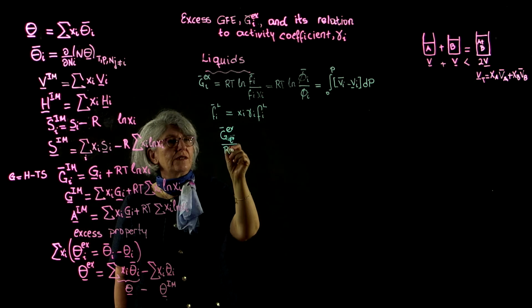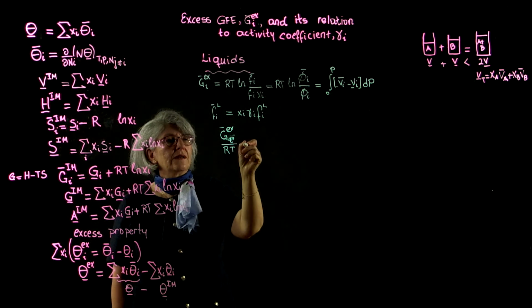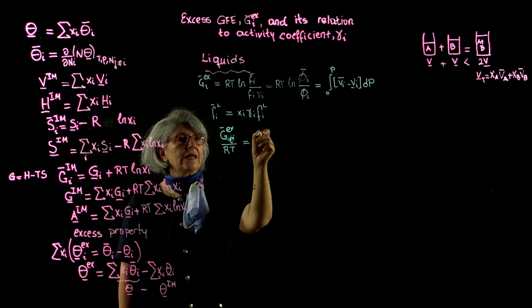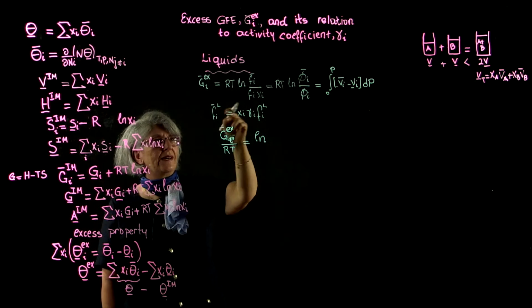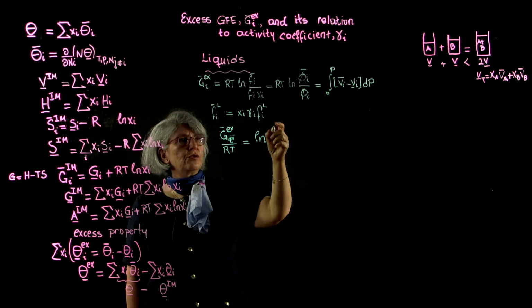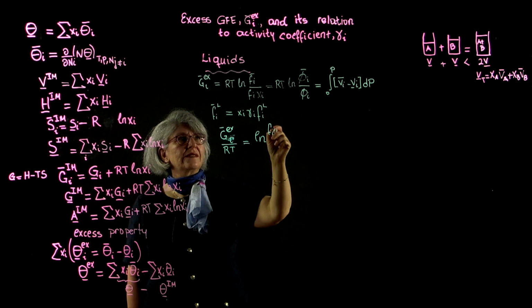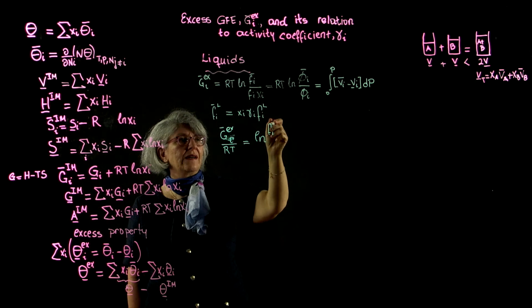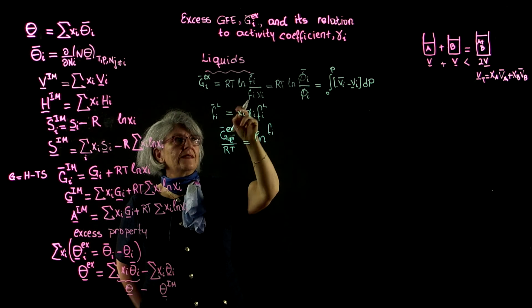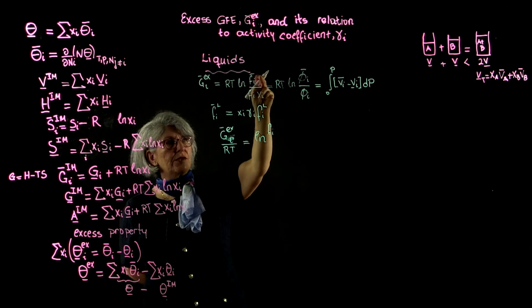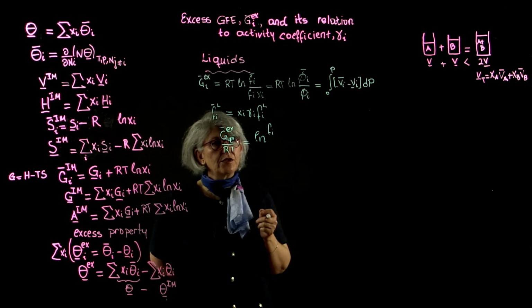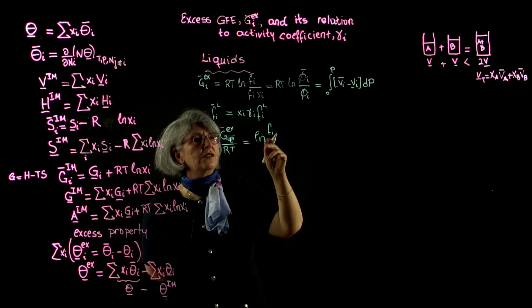Over RT is going to be ln of Fi. I'm going to indicate precisely that this Fi is a function of temperature, pressure, and the composition of all the components in the mixture.